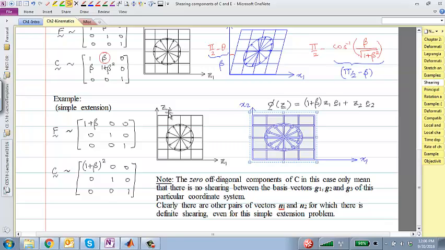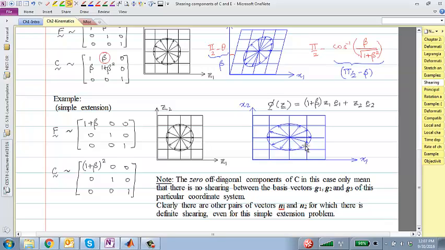The whole point here is, if I measure the shear between two tangent vectors, even for a simple extension example, you might be tempted to think there is no shear. There is shear. Why? Because look at any other pair of tangent vectors. Except for E1 and E2, there is no shear between E1 and E2. But every other pair of tangent vectors has shearing between them. Why? Because the angle initially and the angle finally is different.